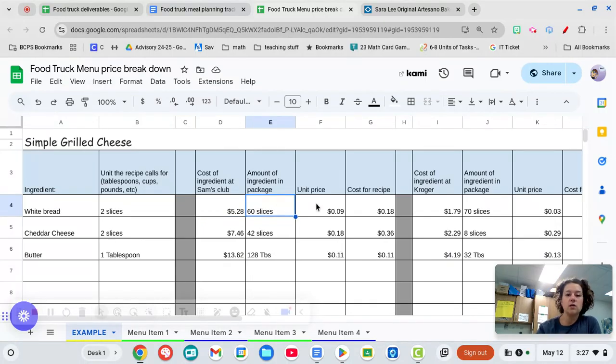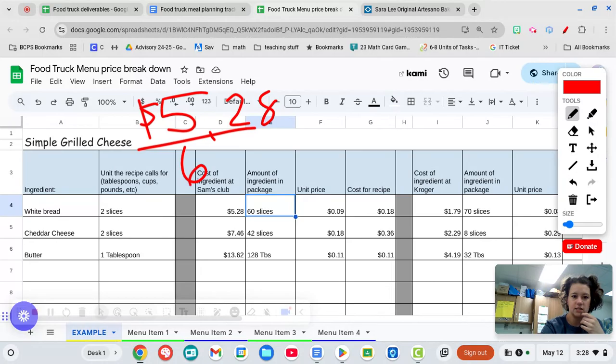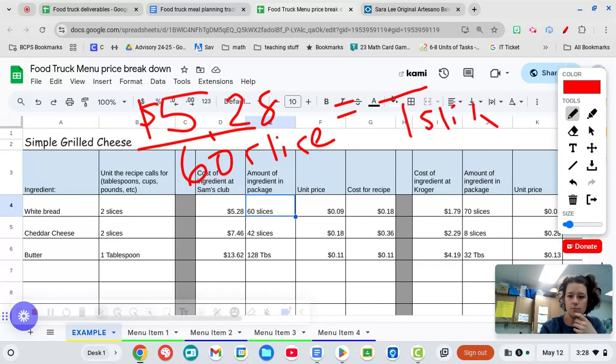So now I got to figure out my unit price, and that looks like if I have $5.28 for 60 slices, my goal is to figure out the cost of 1 slice. Well, I know that I'm going down from 60 to 1, that's getting 60 times smaller.